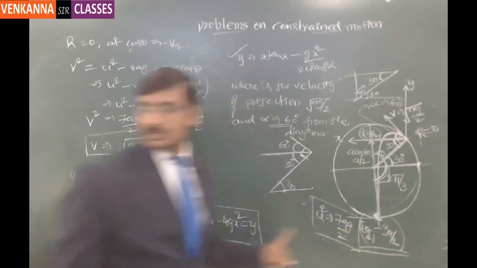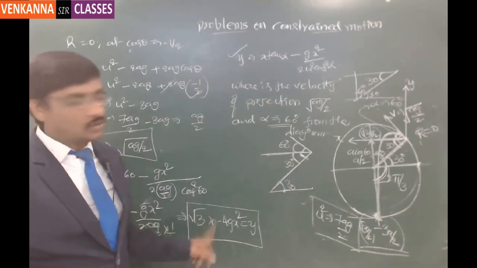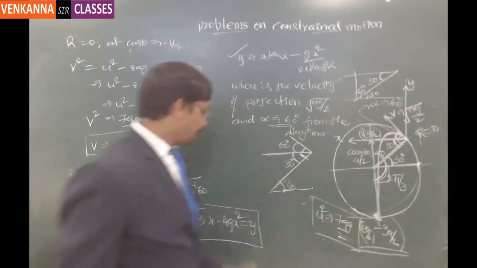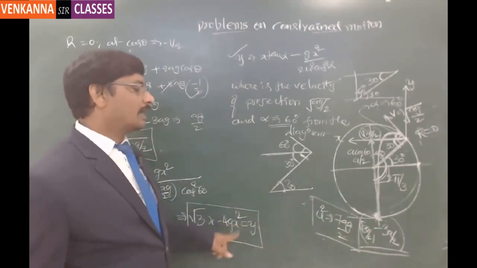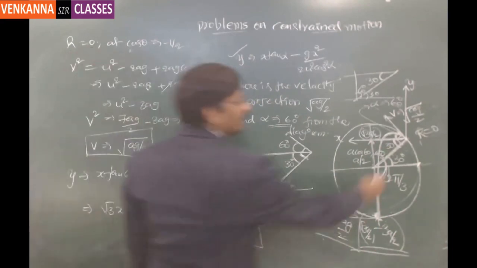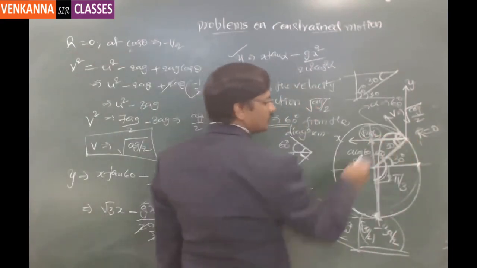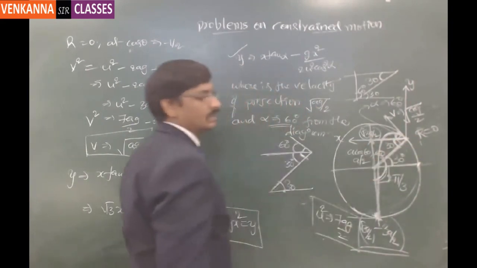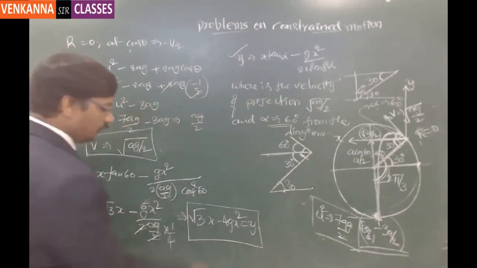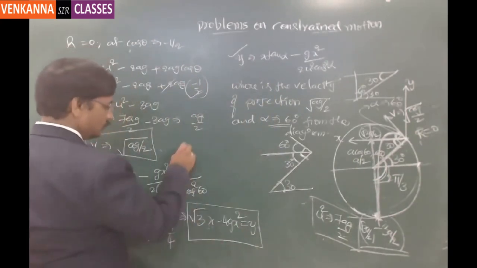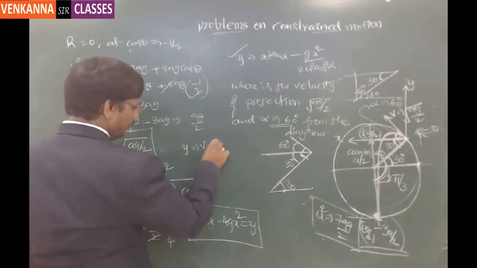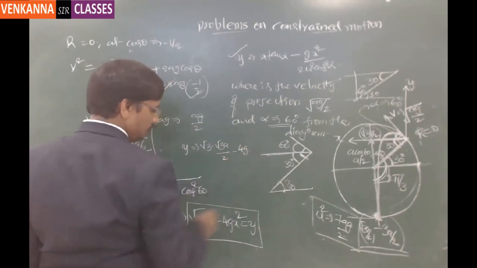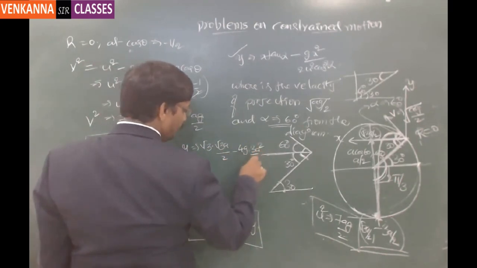So this point has to satisfy this equation so that I can assure that this projectile is passing through this particular point. If I substitute the x value, I can get the value of y. So the x value is going to be this length in the positive direction of x. This length is a and it is making an angle of 30 degrees, hence a cos 30 is root 3 a by 2. If I substitute here, y is going to be root 3 times root 3 a by 2 minus 4g into 3a² by 4.